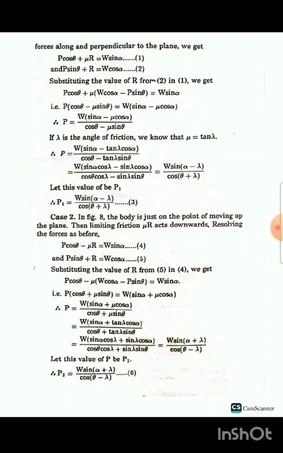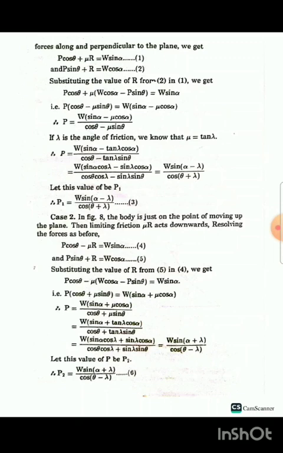Now in equation 5, we take R. We take P sin θ to the right side, so R = W cos α − P sin θ. This R value we substitute in equation 4. So equation 4 becomes P cos θ − μ(W cos α − P sin θ) = W sin α. We multiply μ with the terms and split into the P term and the W term, keeping the P terms on the left and the W terms on the right side.